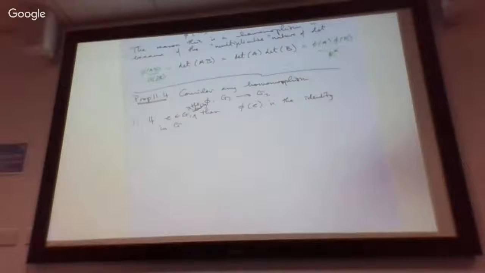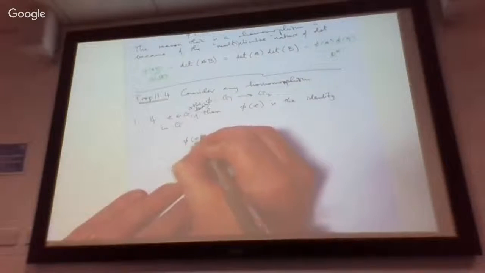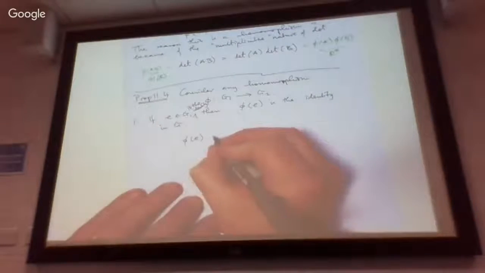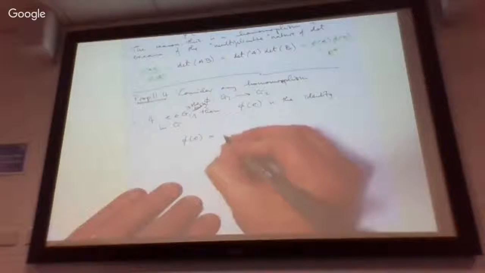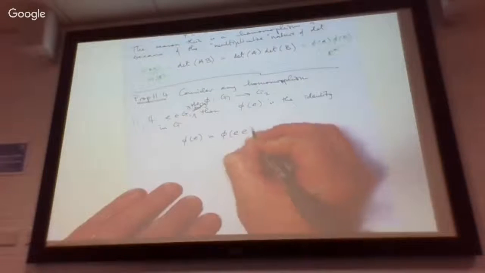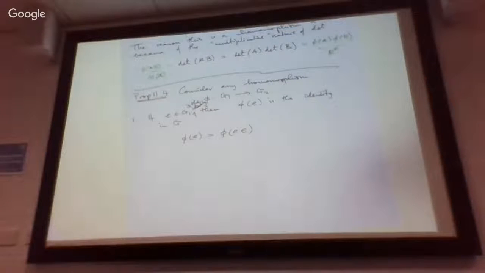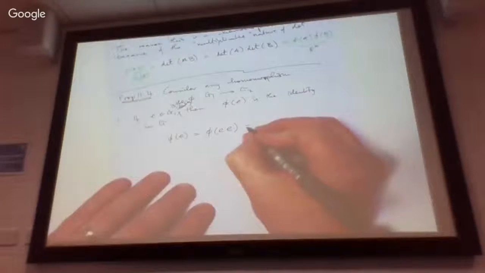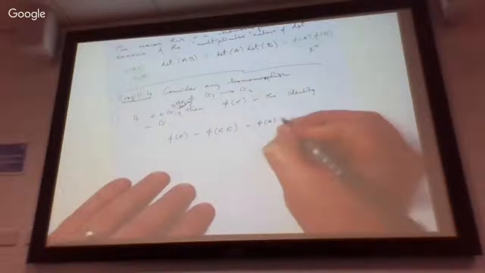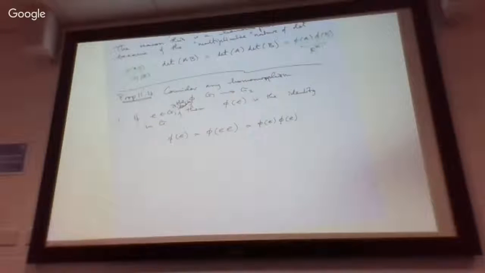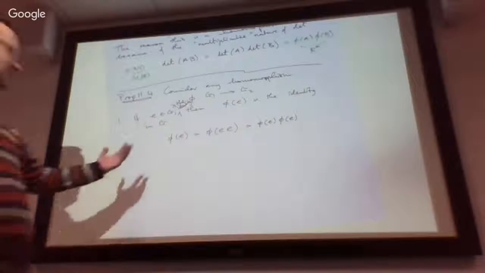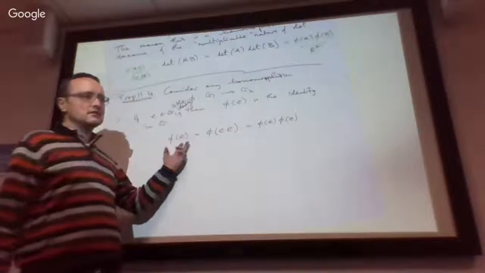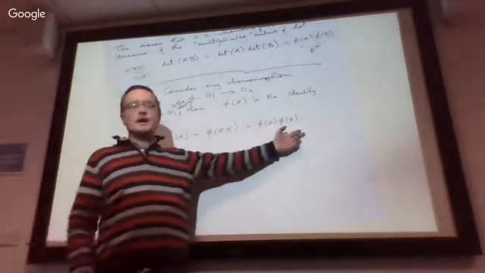And this is going to come as a consequence of the group homomorphism property. We can prove this by thinking about what phi of E might be. By the nature of the identity, E we can think of as E times E. So by the homomorphism property, this is equal to phi of E times phi of E. But this is saying that the element phi of E, whatever it is, equals its square.